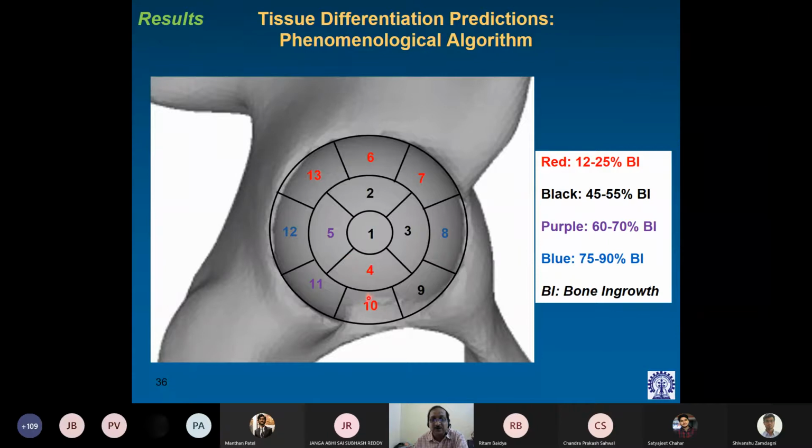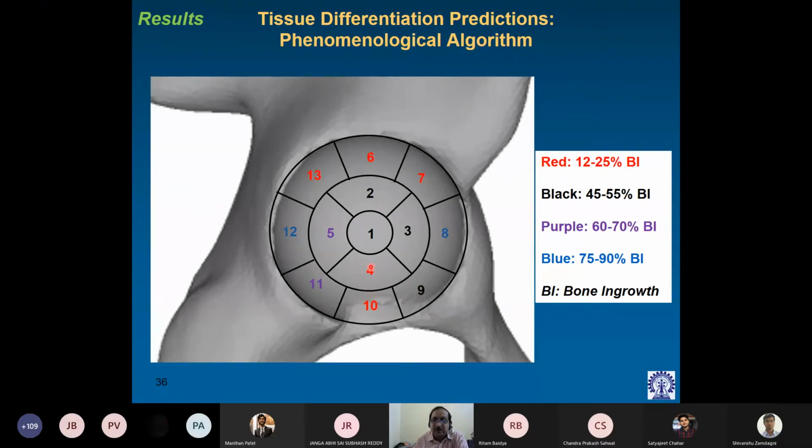So in all these red blocks, it was between 12 to 25%. In black, 45 to 55%. In purple, 60 to 70%. And in blue, found in only 2 regions, it is 75 to 90% bone. Please carefully read this slide, to see how we took into consideration the variation of bone material property and implant-bone displacement fields at the interface.